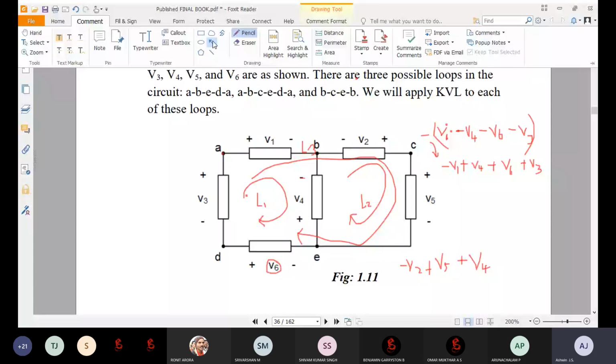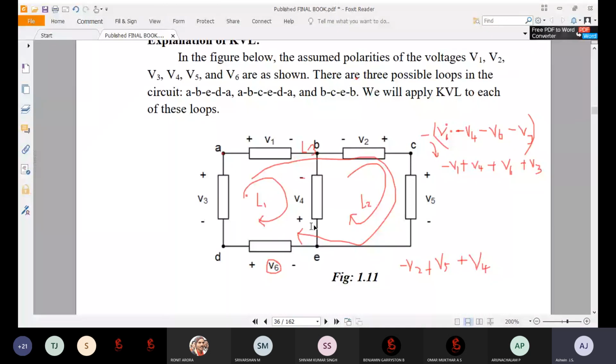And what about L3, loop 3? If it is passing from V1 now, sir, V1 will be negative, sir. So minus V1, and going to V2, positive V2, sir.